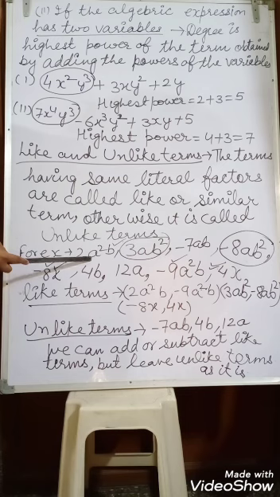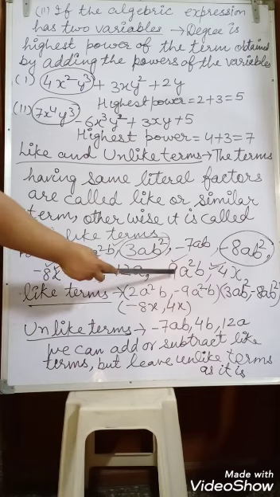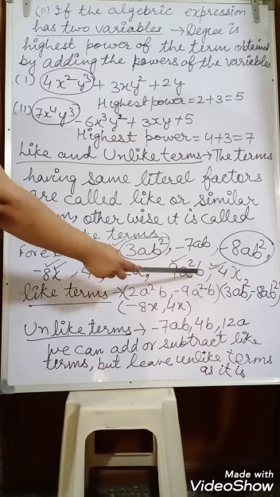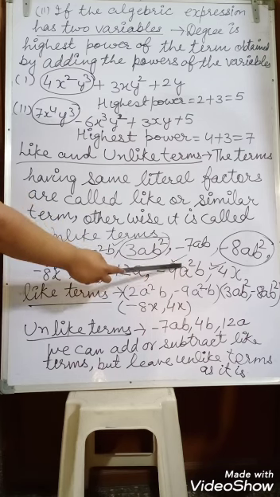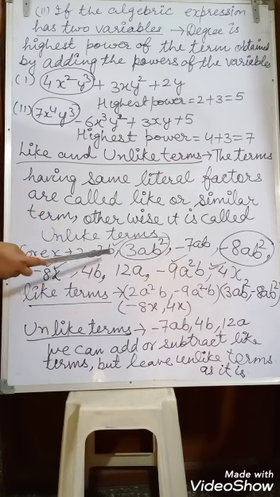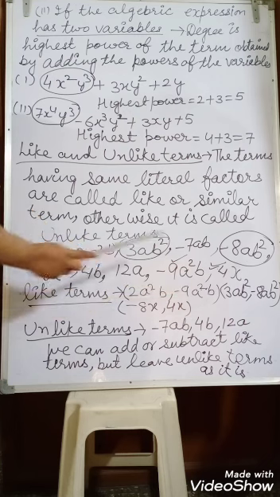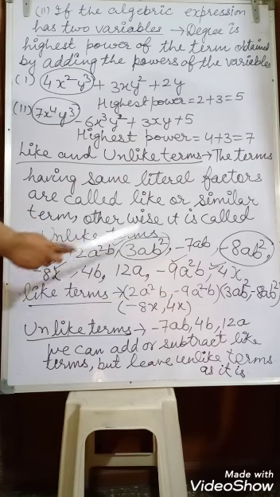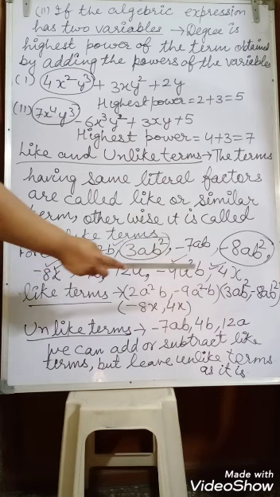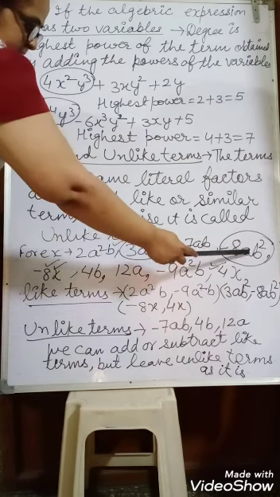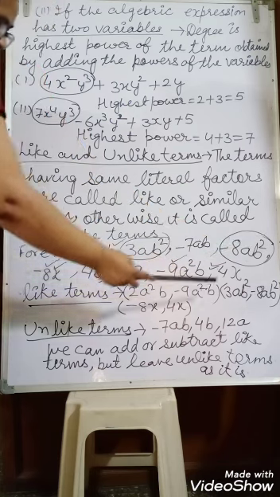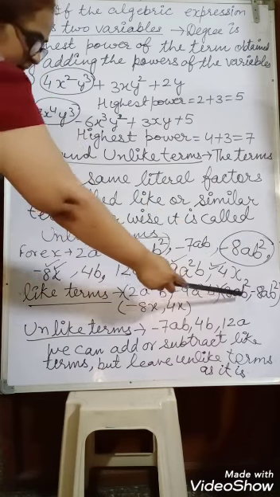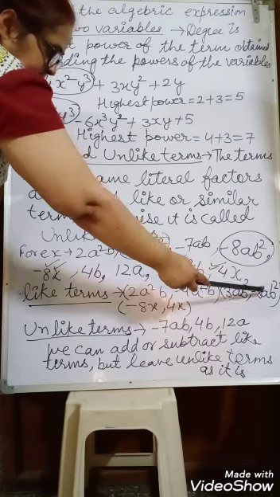2a square b and minus 9a square b have the same variables, a square b, a square b. So this is a like term. Then another one is 3ab square and minus 8ab square, again ab square, same literals, so that is another pair.